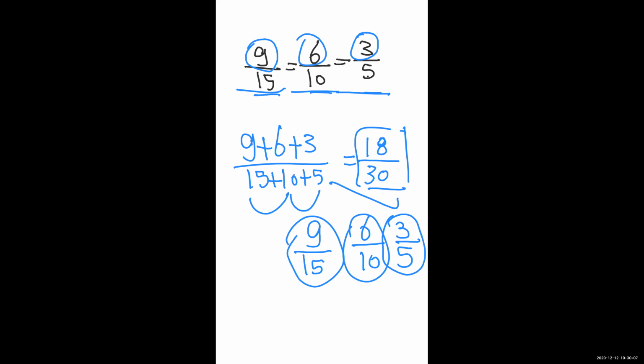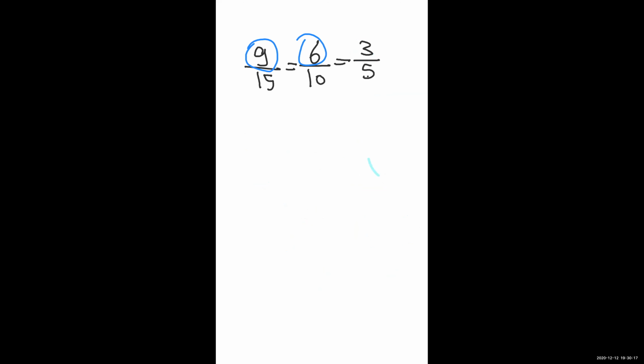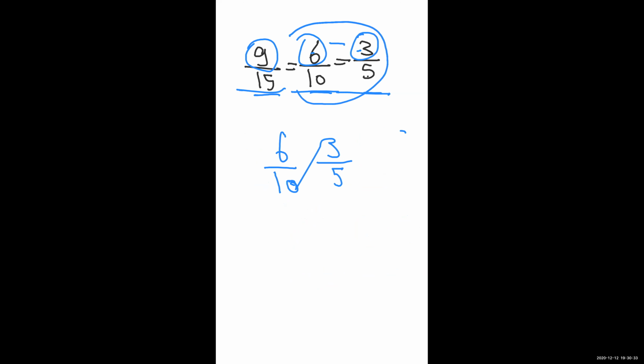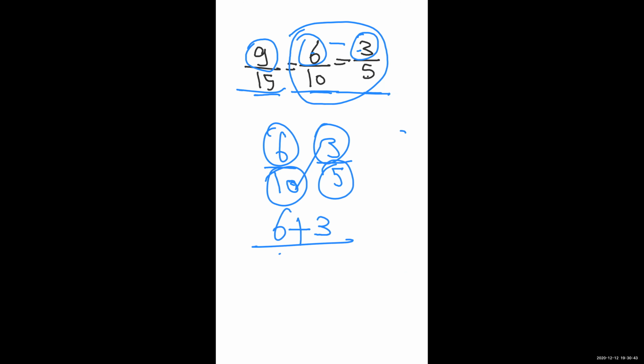So let's solve one example so that we can understand exactly what this point means. But before, I will show you one more point. Just one second. If I add two of the ratios, for example, 6 over 10 and 3 over 5, I'm going to add the antecedents, 6 and 3, over the consequents, 10 plus 5.